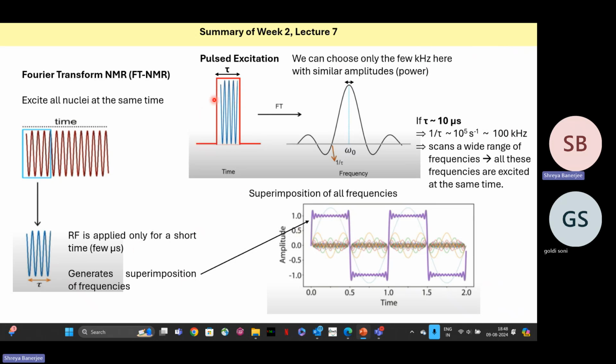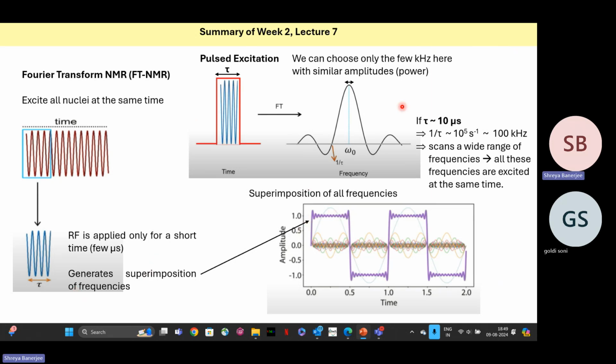So what the pulse basically means is that for a short time tau of a few microseconds, you are switching on the source which is providing you radio frequency energy, and after the time tau is over, you're switching it off again. What happens when you do this is that you are able to excite all the nuclei at the same time.